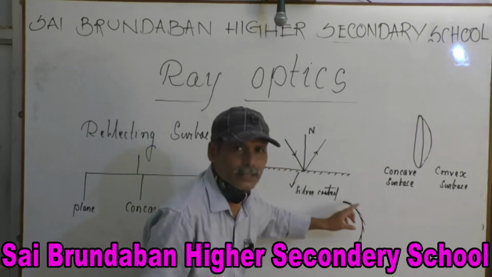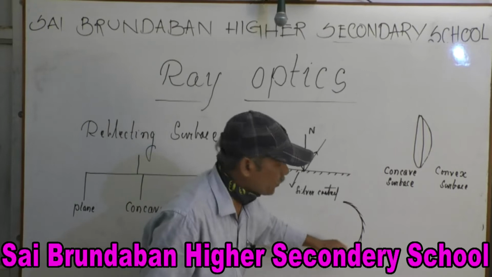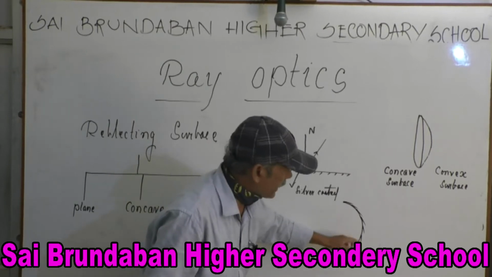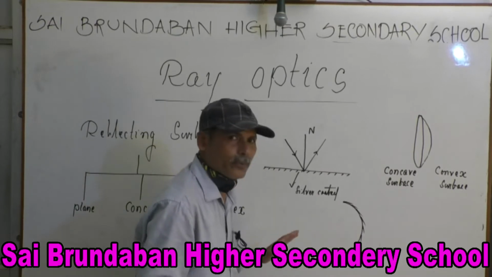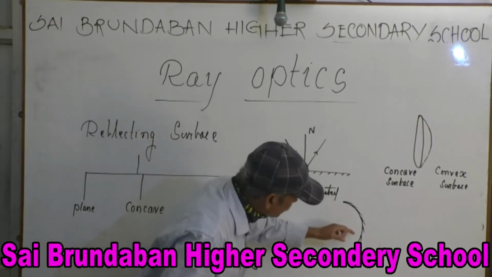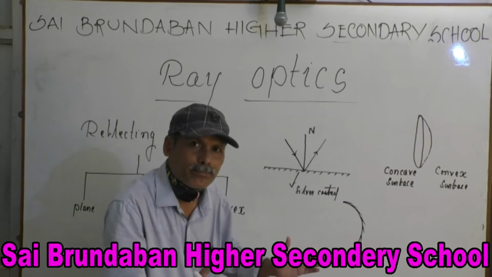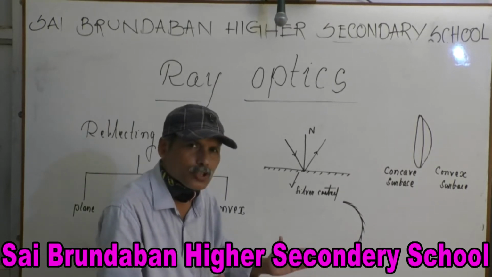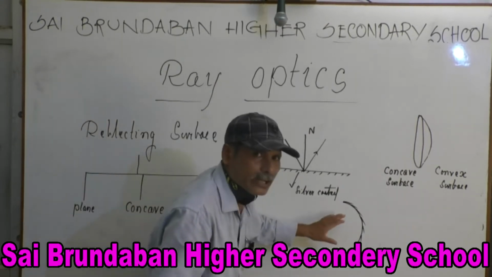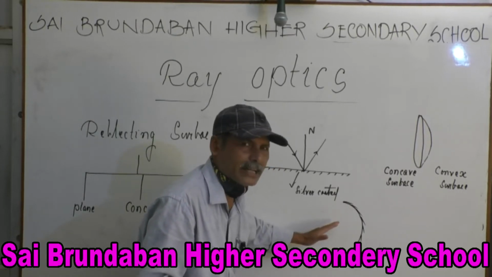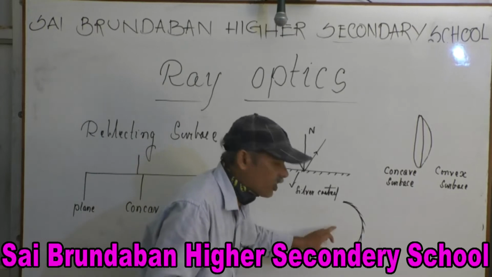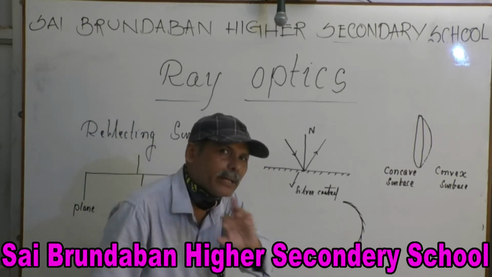In this way, you can give the coating. Now, the reflecting surface appears like a cave, so no doubt this is concave and it acts like a mirror. That's why it is called concave mirror.